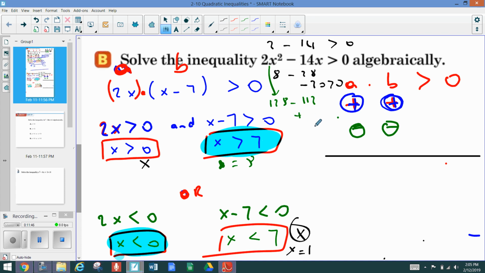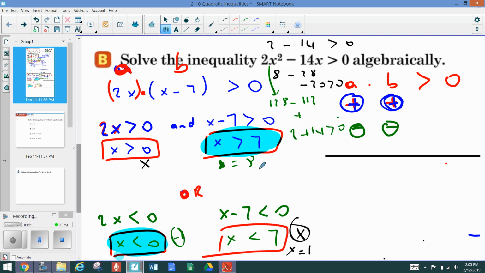So that satisfies. Similarly, let's say we plug in negative 1 from here. Negative 1 squared is equal to positive 1. 2 times 1, 2. And negative 14 times negative 1 is positive. So greater than 0, that is right. So in this case, the answer is going to be the highlighted one.